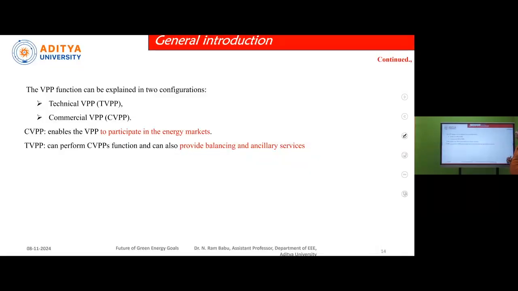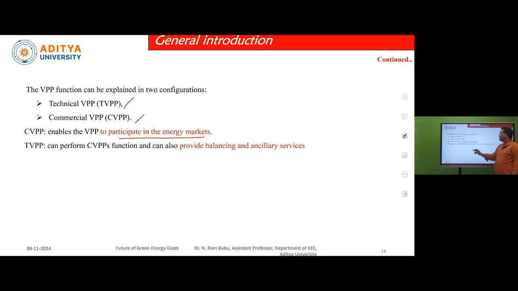Next one, virtual power plant. There are two types of configurations. The first configuration is the technical virtual power plant configuration, and the second one is the commercial virtual power plant. So the commercial virtual power plant participates in the energy markets.